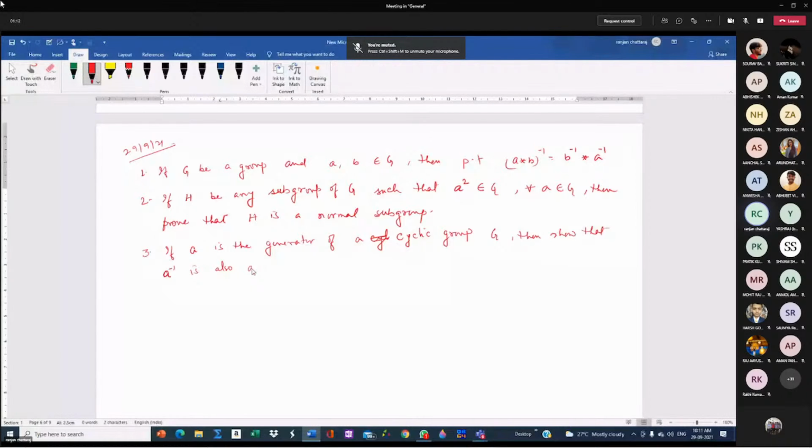Cyclic group means that if in a group all the elements can be expressed in terms of A, then it is said to be a cyclic group.